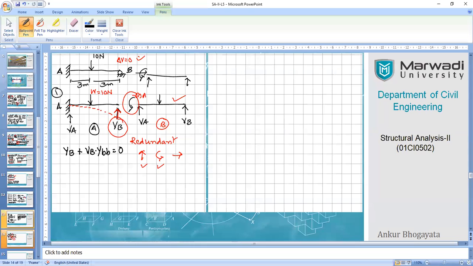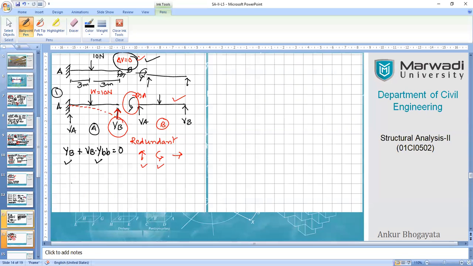So this is the compatibility requirement. That means the deflection due to external load and the deflection due to redundant force should be algebraically added and should be 0. You are indirectly saying that sigma delta V should be 0. I hope you are getting my point.